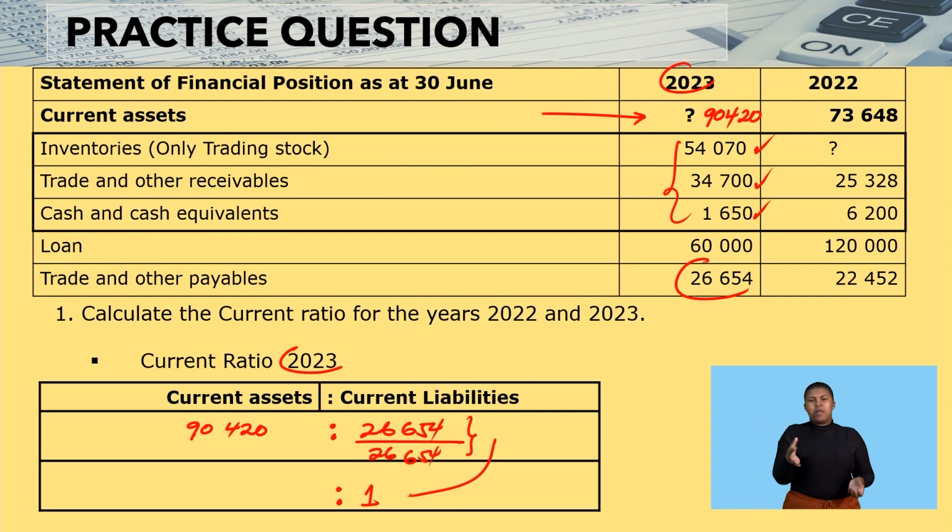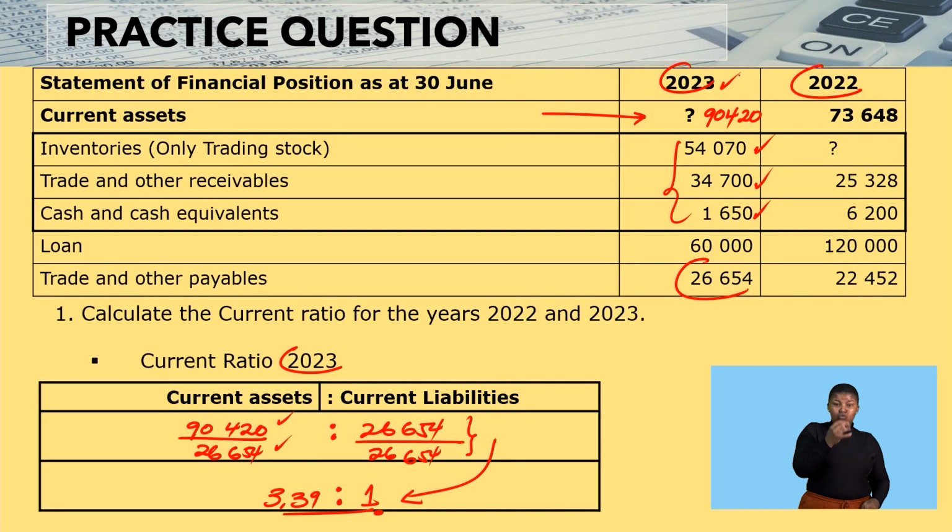Hence, I end up with 1. Then I take my 90,420 and divide it by 26,654. I now end up with 3.39 as to 1. In this case, I have the financial indicator for the year 2022 and 2023.